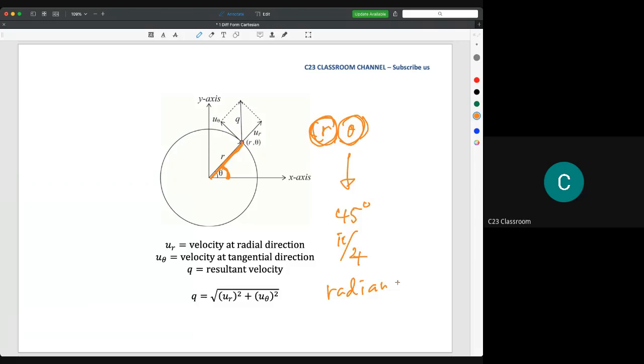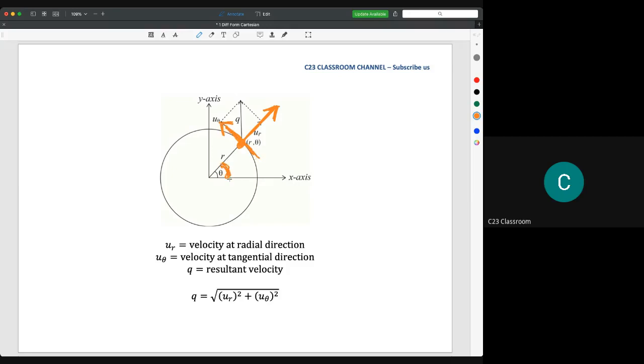Again, in polar coordinates we also have velocity components. One component is the velocity parallel with the radius, and another is the velocity parallel with the angle.